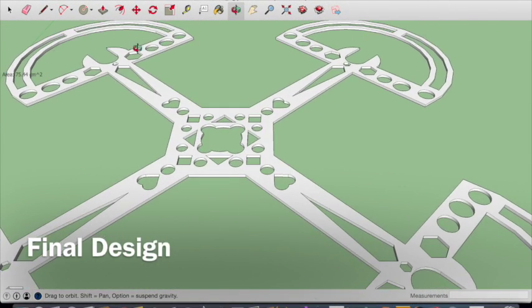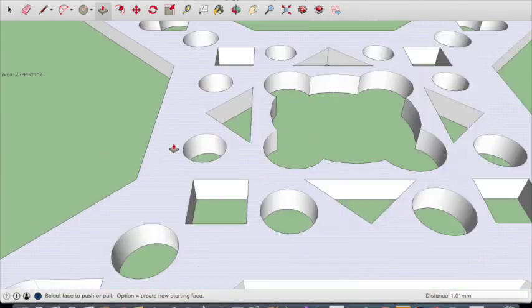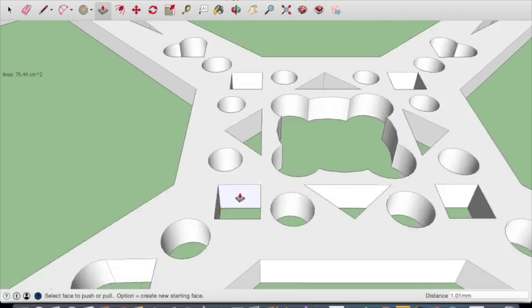To skip the gory details, this is my final frame with all the right measurements, so let's get to printing.